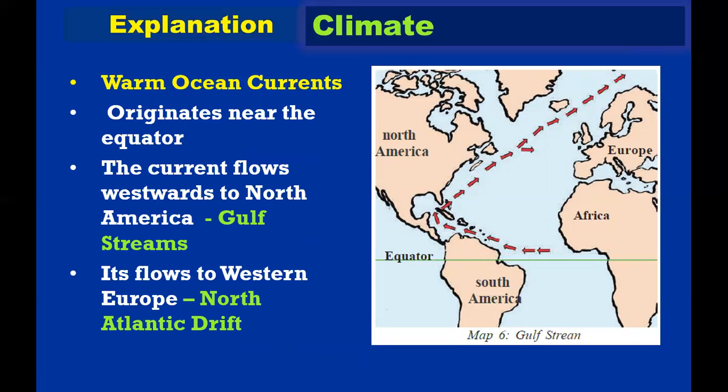From there again it travels to the western part of Europe, and we call it here the North Atlantic Drift. Because of this warm current, the wind that blows keeps Western Europe very warm, and it gives rain to Western Europe. So it has a very big impact on the climate of Western Europe.